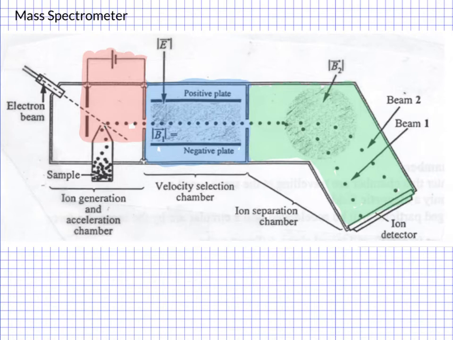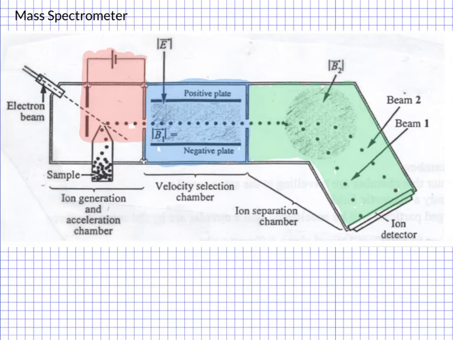Now, crucially here, it's important to note that these accelerated charges will all have different velocities. And this blue region is called the velocity selector because only the ions with a certain velocity will actually remain horizontal and will neither be deflected up or deflected down.